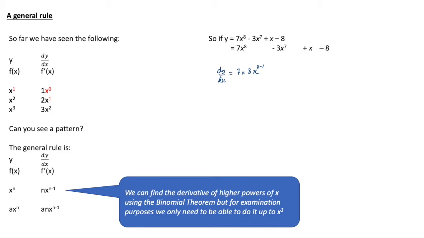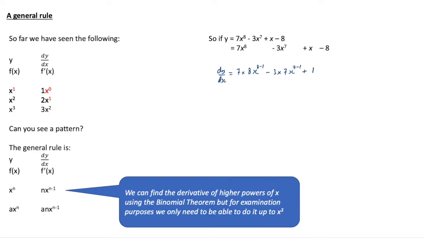From the x to the power of 8 we bring the 8 down, so that gives us 8, and then we have 8 minus 1, so that's just using the general rule from the left of the screen. For the 3x to the power of 7 we get 3 times 7 is brought down, the original power, and now x is to the power of 7 take away 1.